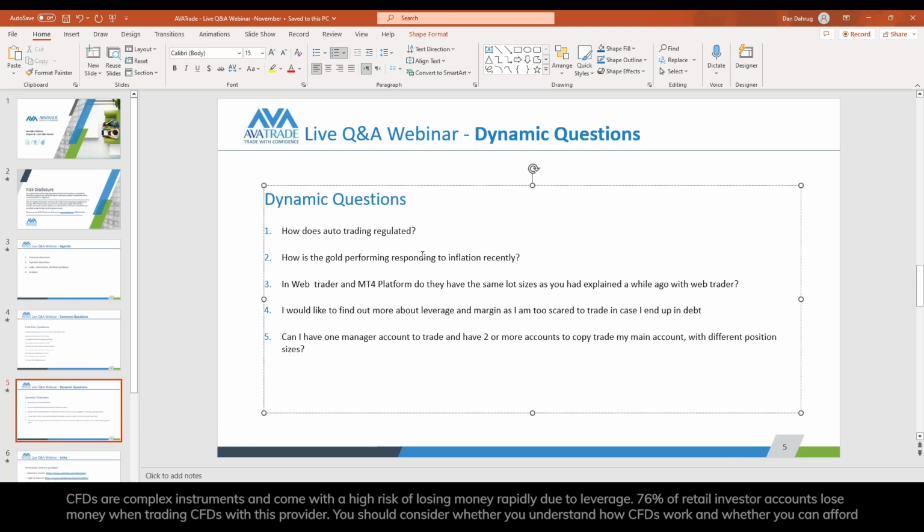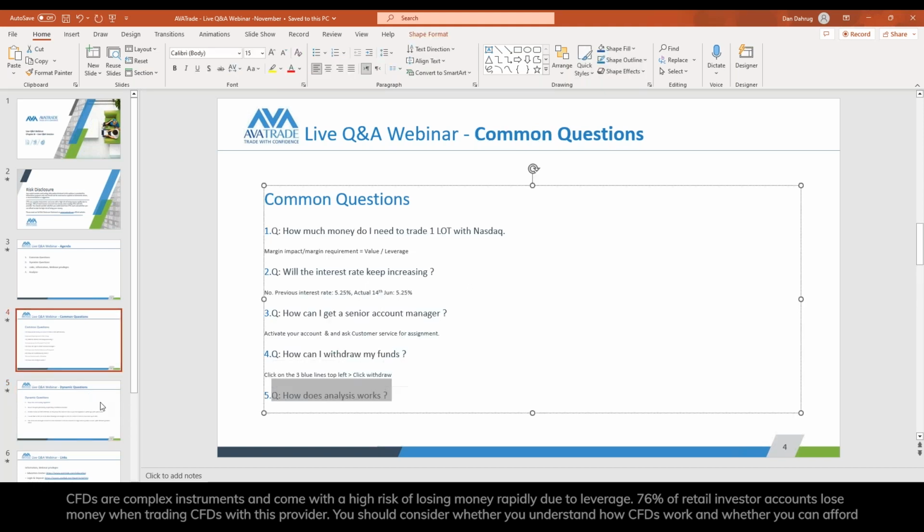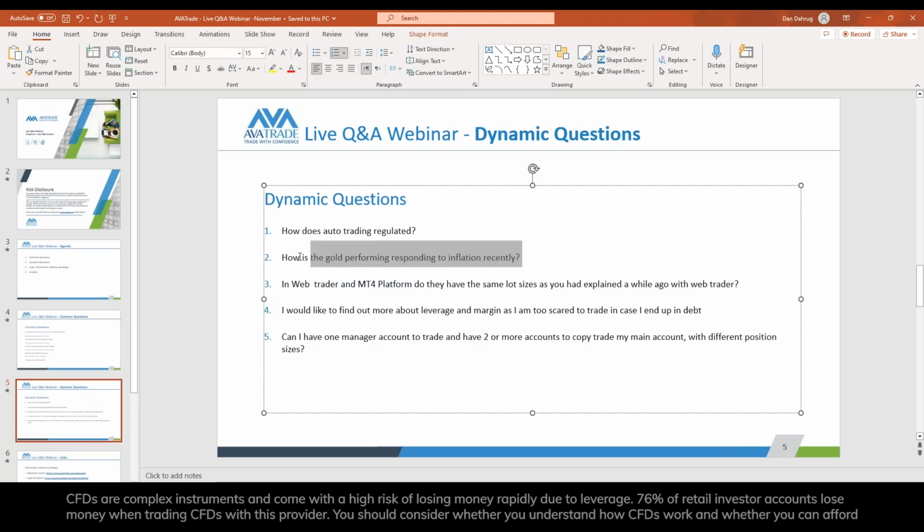How is the gold performing, responding? Okay. This question is pretty valid. I'm going to take two birds with a single stone. The question from here, how does analysis work, and how is the gold performing, responding to inflation recently.